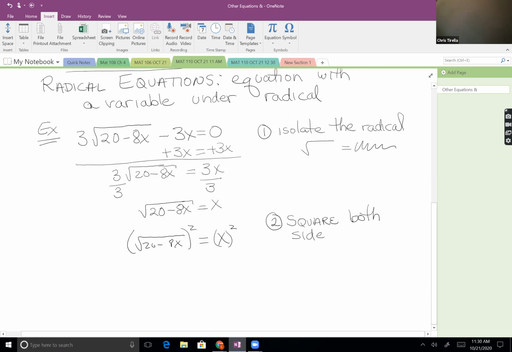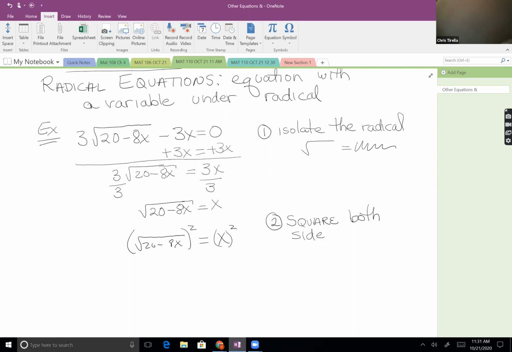Be careful though, because our properties of equality say we can add the same thing to both sides. We can multiply the same thing to both sides. When you start doing things like squaring both sides, you kind of get into a gray area. And so because of this step, there is a chance that we might get what's called extraneous roots, roots that work for our derived equation, but not our original equation.